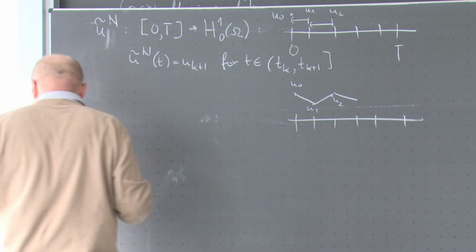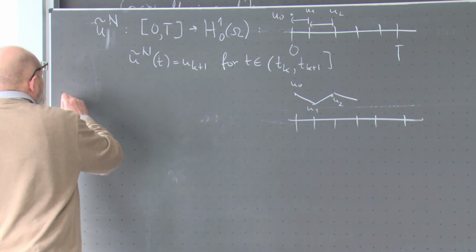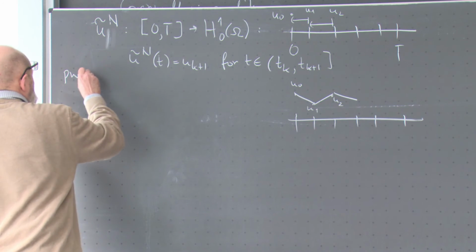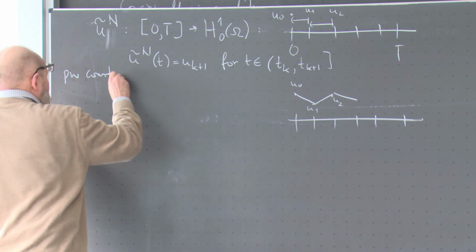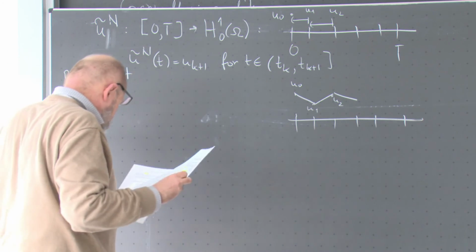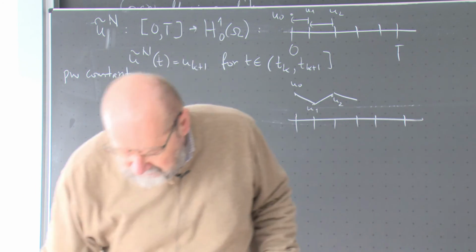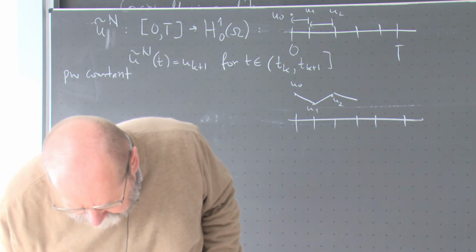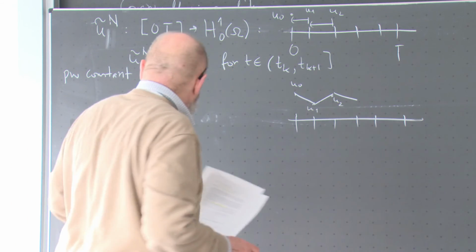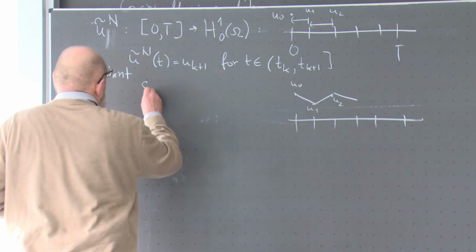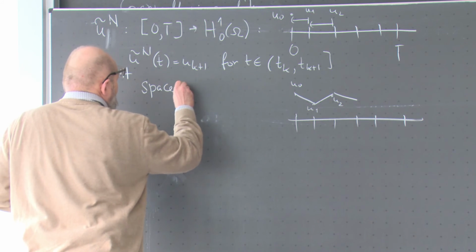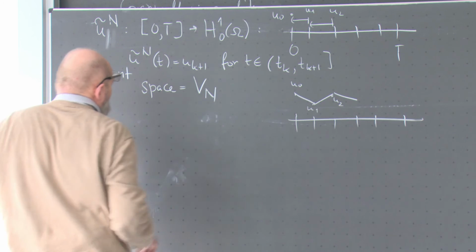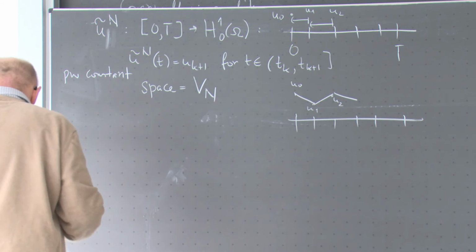That would be the other possibility. So that one is piecewise constant, and we give this space of piecewise constant functions a name: for further need, it is called V_n.